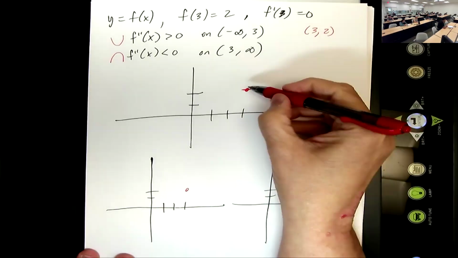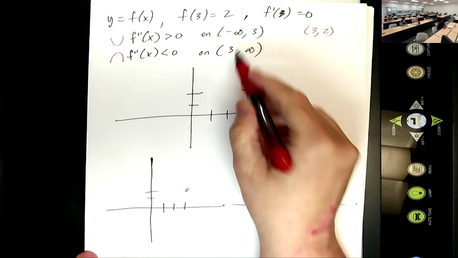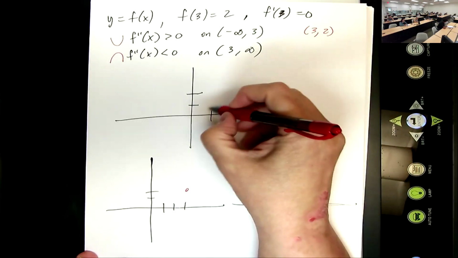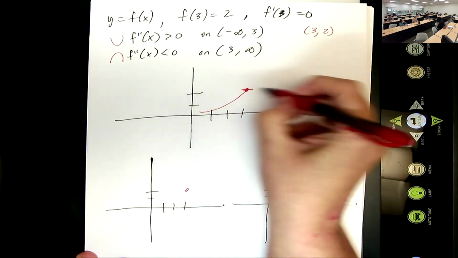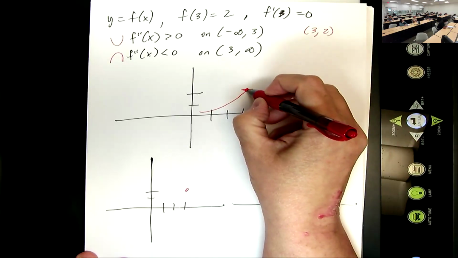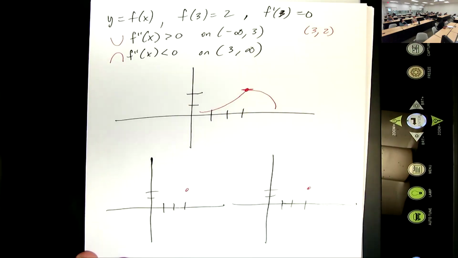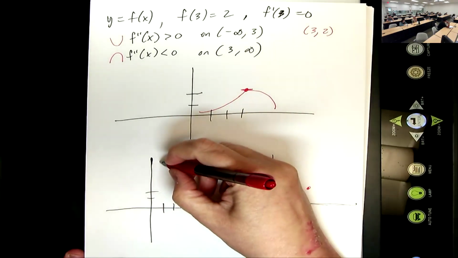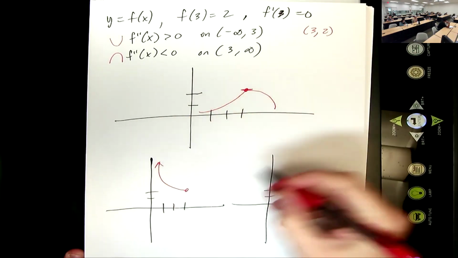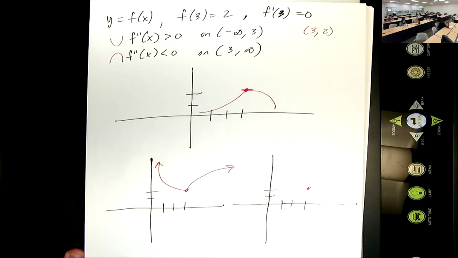So one option, without knowing what the first derivative is anywhere else, is I could be concave up like this and then concave down like this. Or I could be concave up like this, concave down like that.